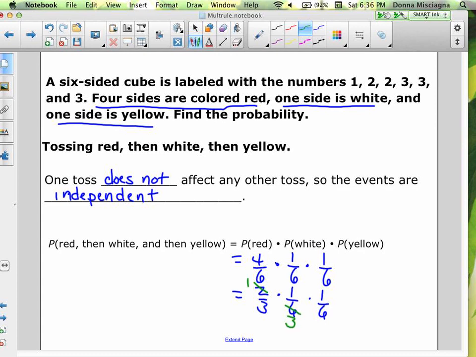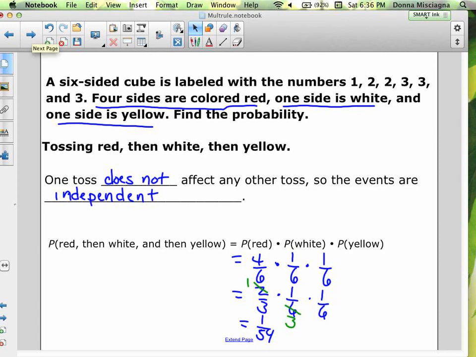If I don't, I can just reduce afterwards. I can multiply first and then reduce. I just like to have the smaller numbers when I'm multiplying. 1 times 1 times 1 gives us 1. And now we have 3 times 3 is going to be 9. 9 times 6 is 54. So that probability is 1 out of 54.